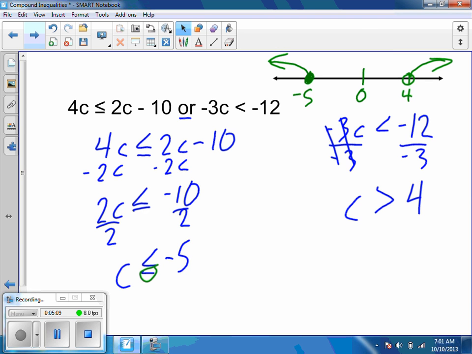That is my solution set for this one. Any number negative 5 or smaller works, or any number bigger than 4 works. Because it has to work for one or the other, not both. It could work for both in some situations, but it just has to work for at least one of them, this or this. That's the word, or.